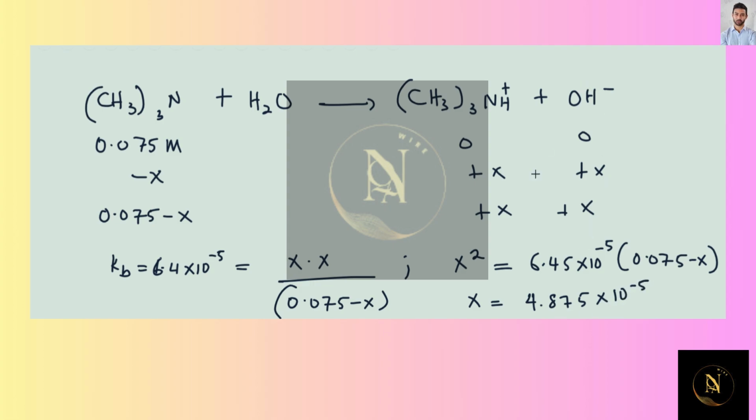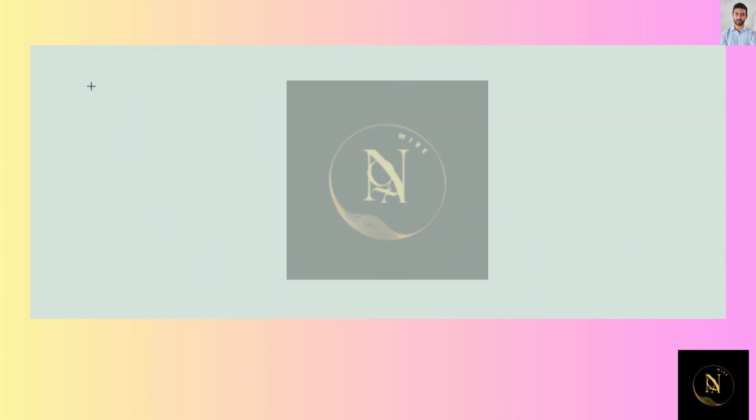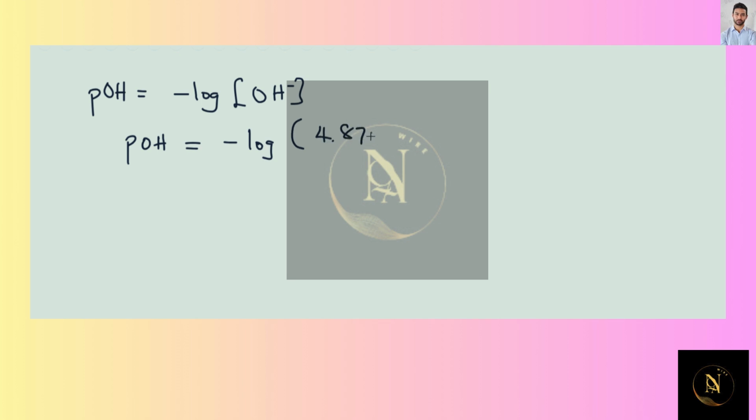And X is equivalent to the concentration of OH minus. Then we can calculate pOH, which will be the negative logarithm of the OH minus concentration, so negative log of 4.875 times 10 raised to the power minus 5, which equals 4.31.